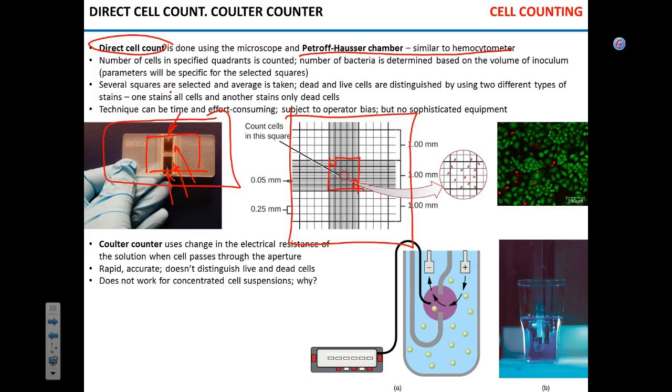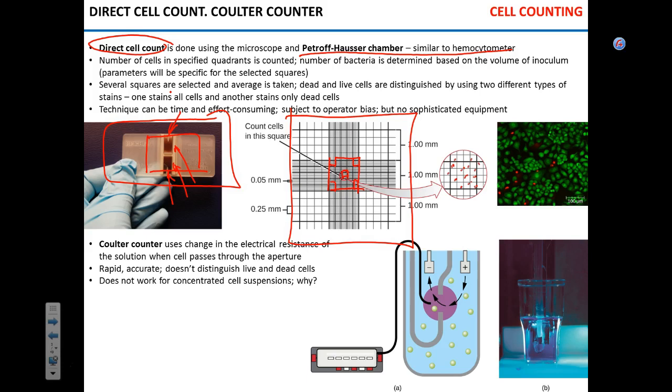So you select, let's say, usually people select 5 squares, 4 in the corners and 1 in the center, and they focus on these squares and they count the number of bacteria. So 1, 2, 3, 4, 5, 6, 7, 8, 9, 10. Okay, 10 bacteria. You have 10 cells in the square. You following me? So you count the number of bacteria in all 5, divide by 5, that's your average.